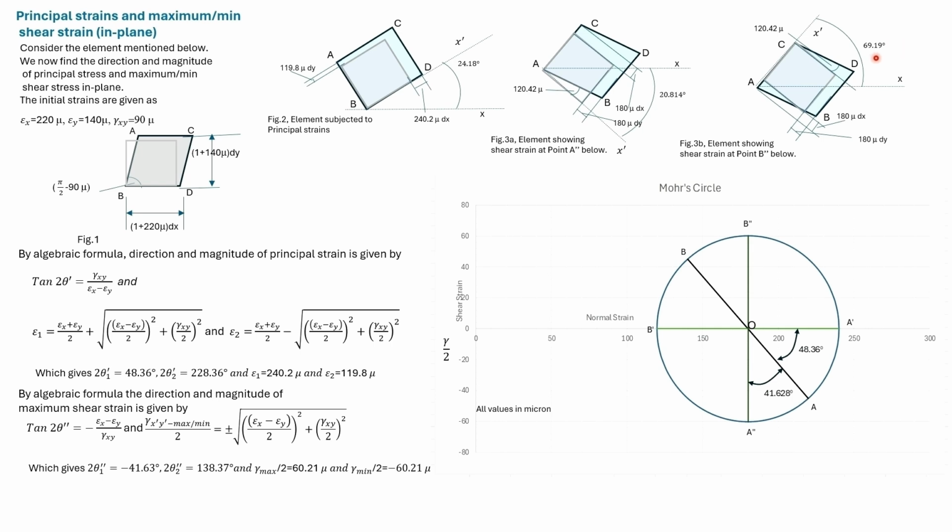In this figure, this angle is half of this angle. The normal strains are the same, and here there is an increase in angle from the original 90 degrees. The direction and magnitude of the maximum and minimum shear strain obtained from the Mohr circle is same as earlier, though the Mohr circle has an opposite sign convention compared to the formulas for maximum and minimum shear strain.